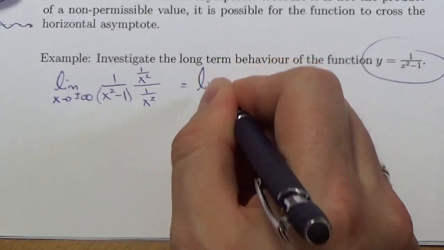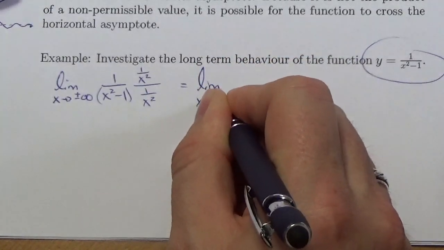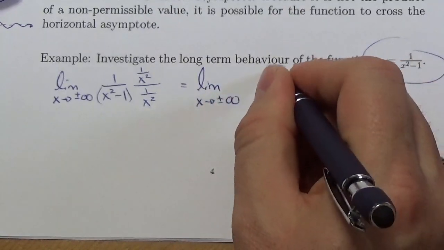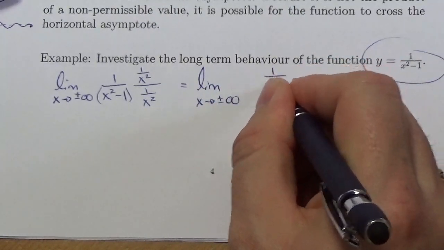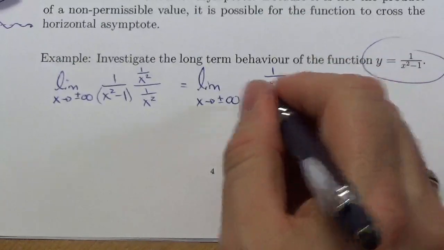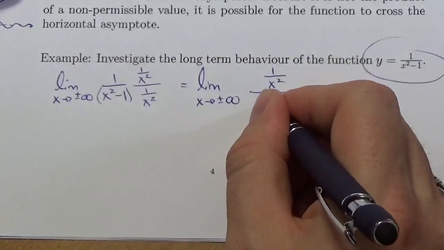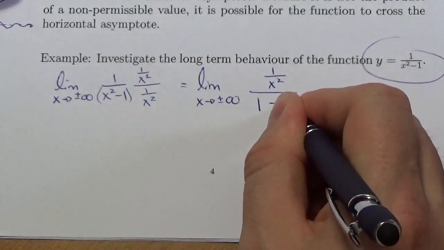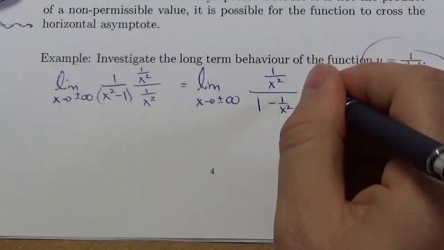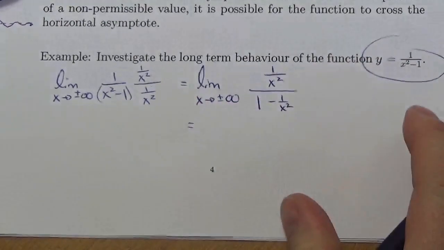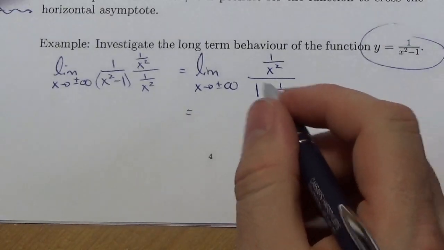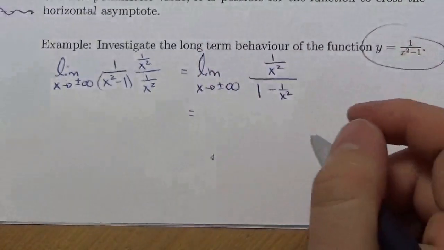So this becomes the limit as x approaches positive or negative infinity. My numerator is going to become 1 over x squared, and then my denominator will become 1 minus 1 over x squared.